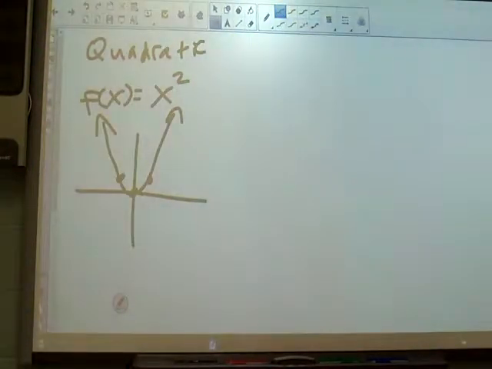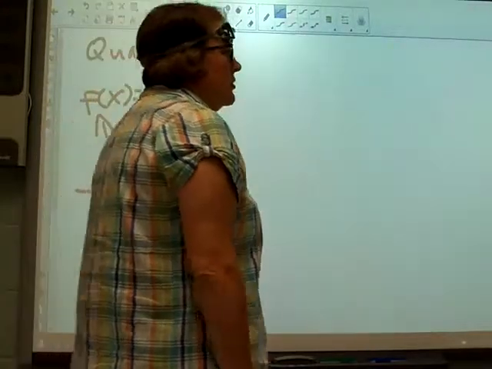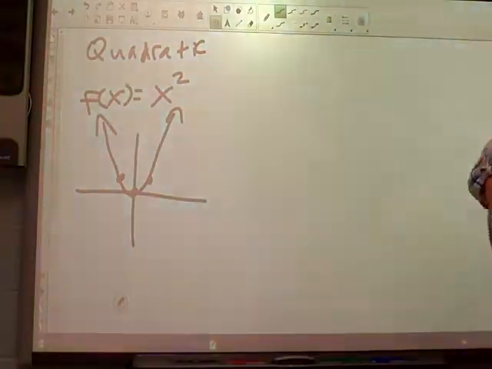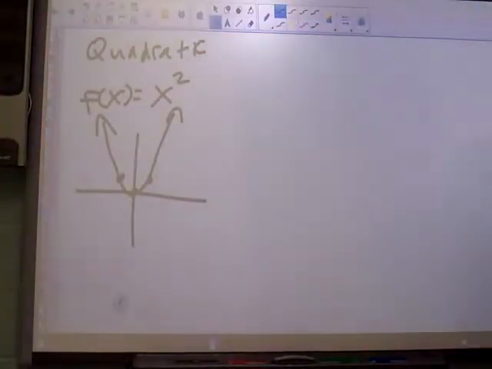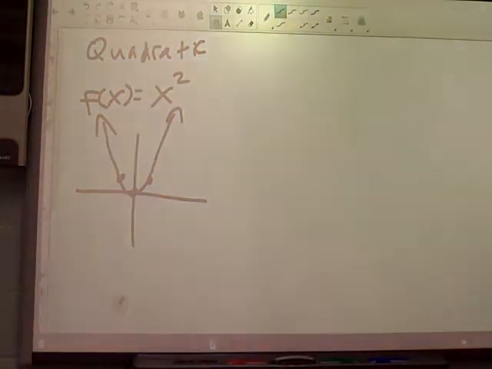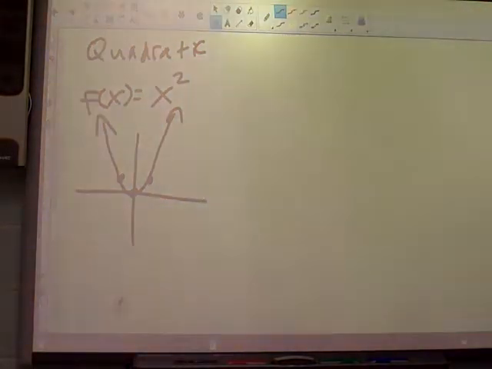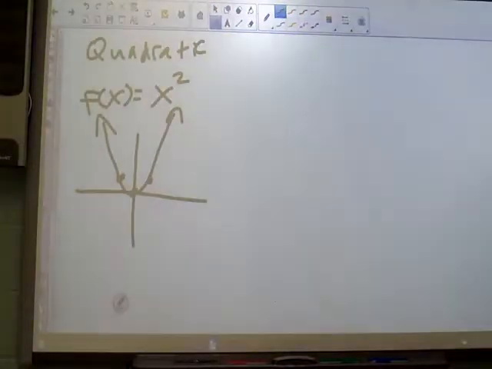Now, I will tell you this. What we're going to start working with today on these transformations, we're going to do all year long. And every type of function we talk about, we're going to transform it. Slides, reflections, flips, rotations, stretch, shrink.